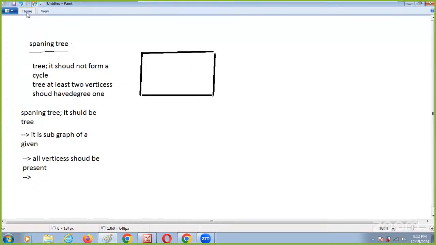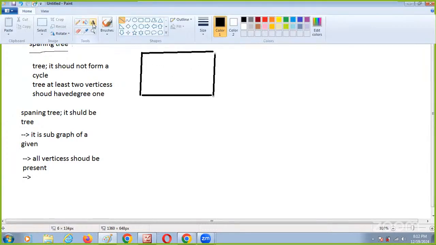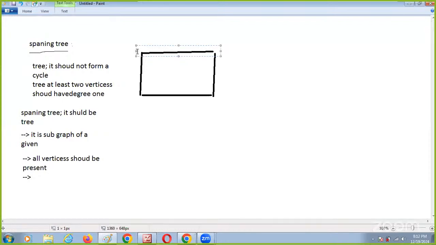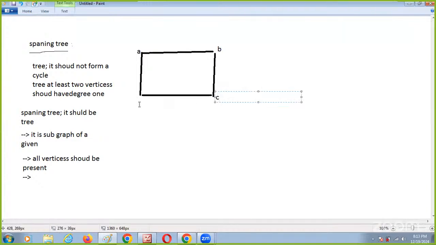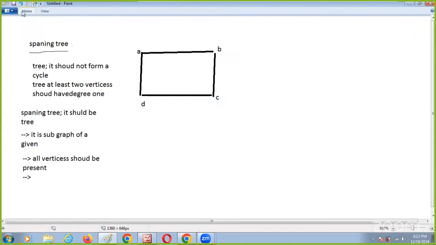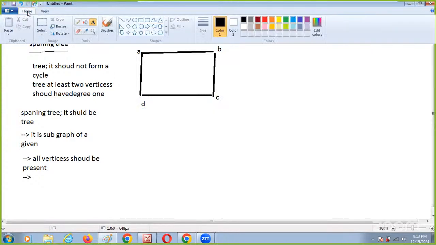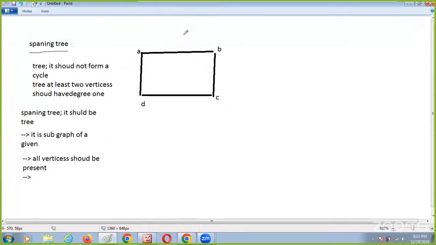We already discussed in the previous class. Let us take A, B, C, and D. So for all possible spanning trees, the condition is that it should be a subgraph of the given graph. This is a given graph G having 4 vertices and 4 edges.